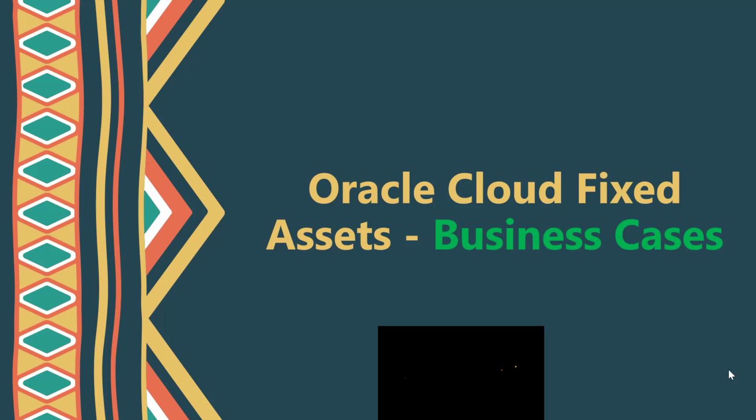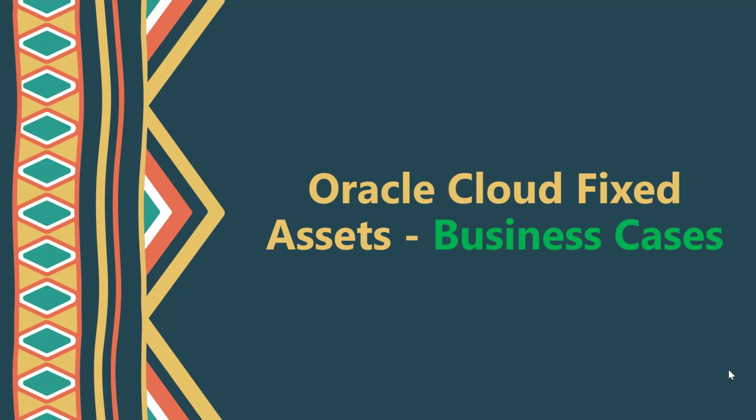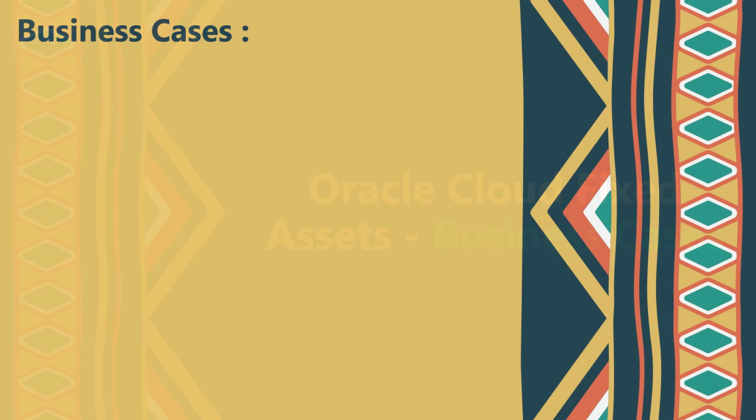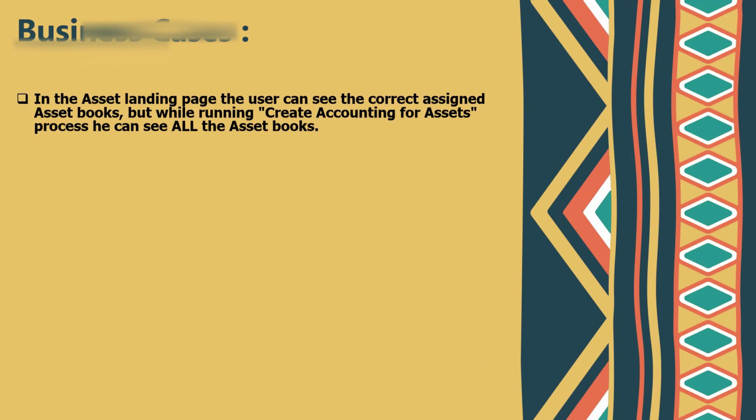I had some business cases in Oracle Cloud Fixed Assets and I wanted to share them with you. Let's start with the first business case: in the assets landing page the user can't see the correct assigned asset books, but while trying to run Create Accounting for Assets, he can see all the other asset books.